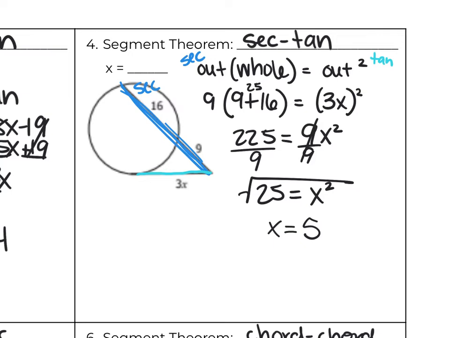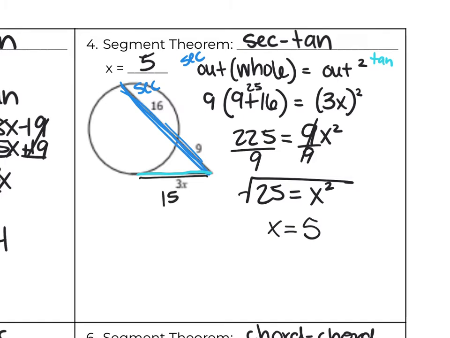And kind of try to do a visual check. Like if you got 25, if you'd stop there, that would mean that this bottom segment is 75. Does that look like it is that much bigger than the 9? So kind of try to look at it like that. So if x is 5, they didn't ask for it here, but if they did, what would this segment be? 15.